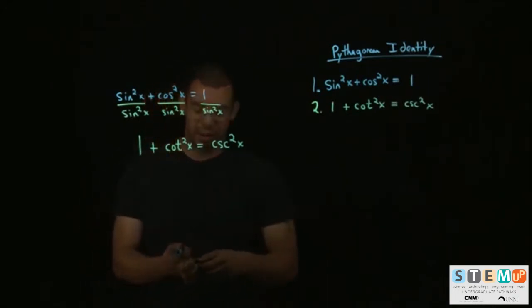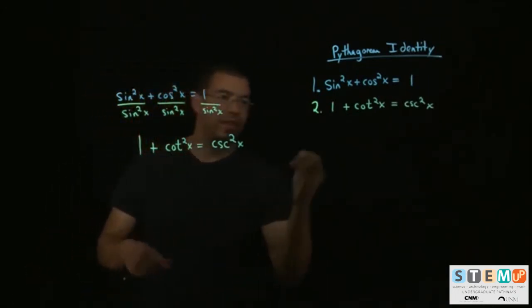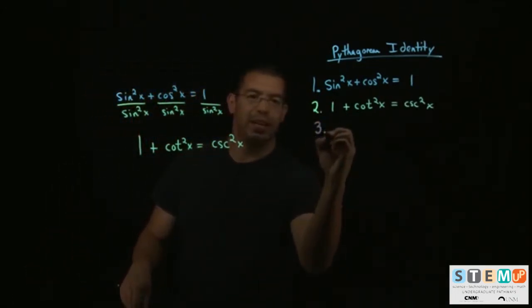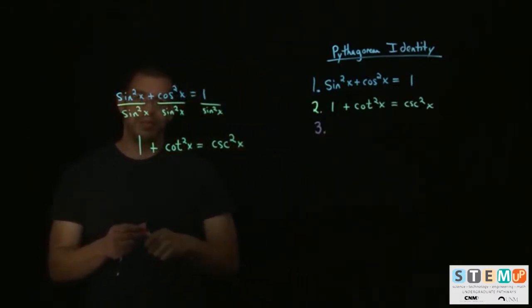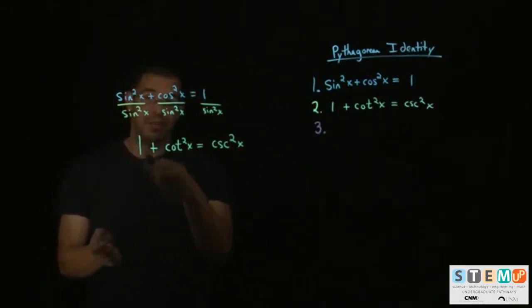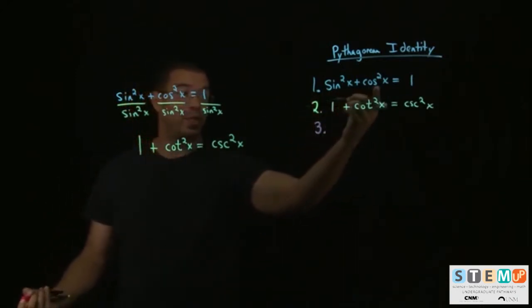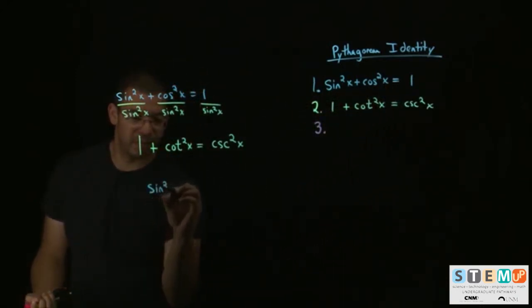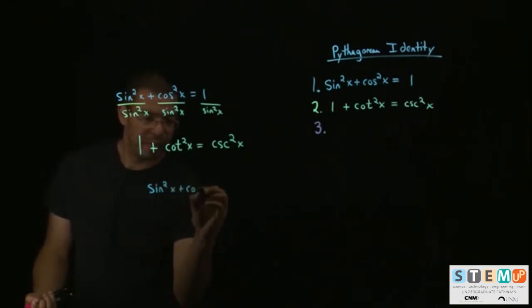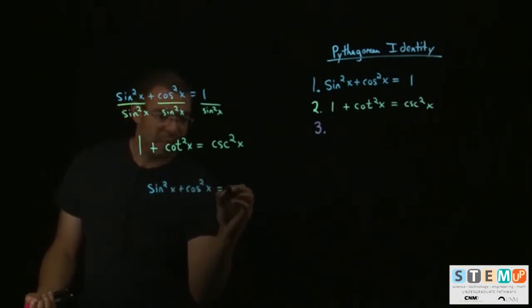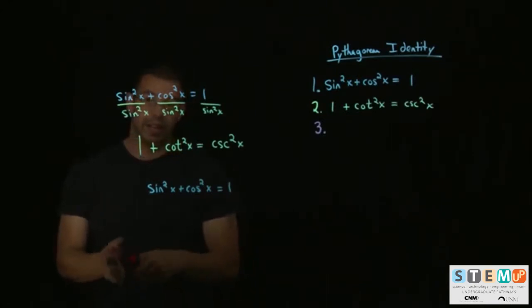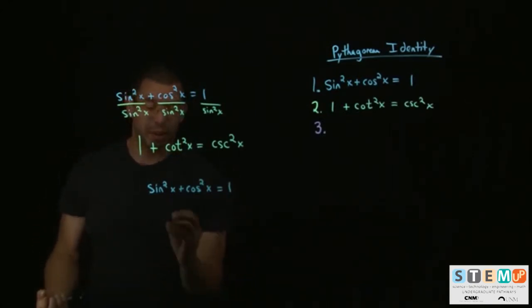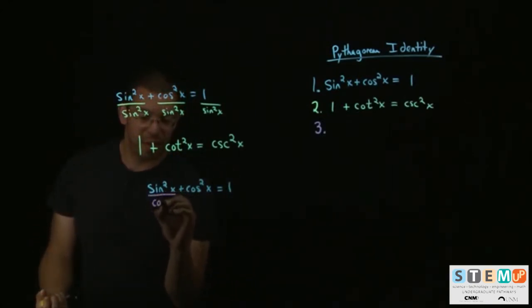And then what about the third one? So the third one, let's do that one in pink. Again, I just remember the first one, sine squared plus cosine squared is equal to 1. And then if I divide everything, last time we did it by sine squared. This time let's divide everything by cosine squared.